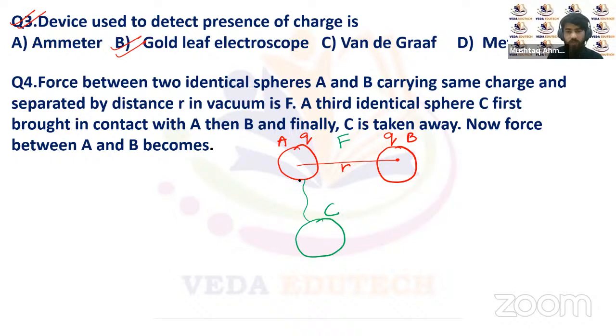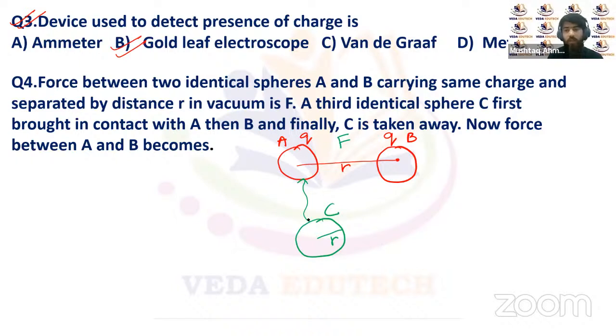First of all, this third sphere is identical, so its radius is once again r, but the charge on it is not given. Once sphere C is brought in contact with sphere A, there will be charge redistribution.